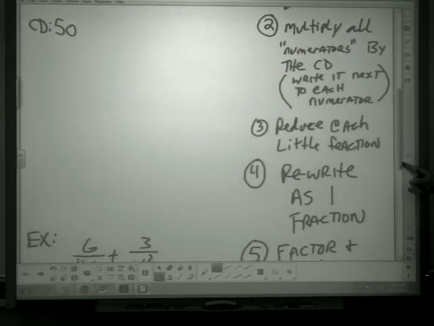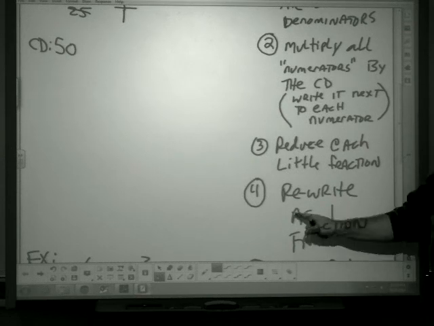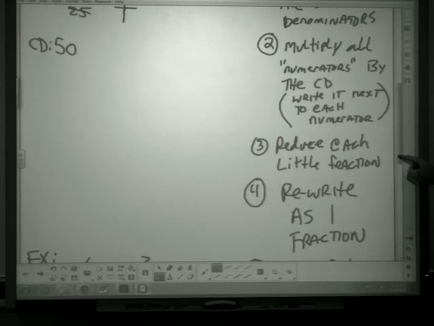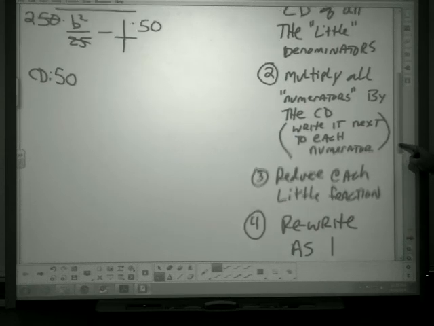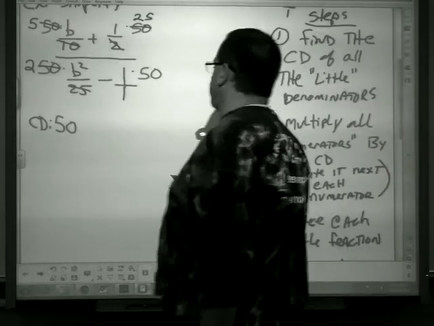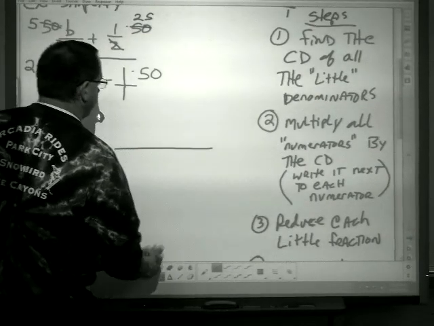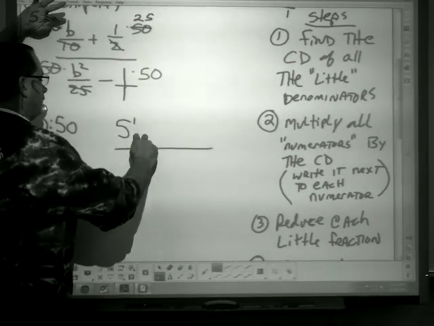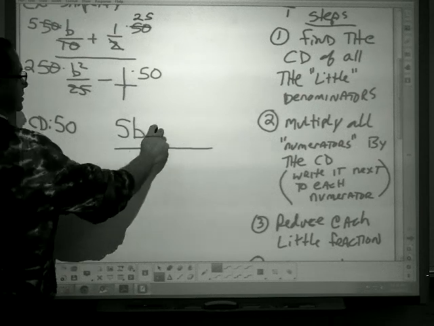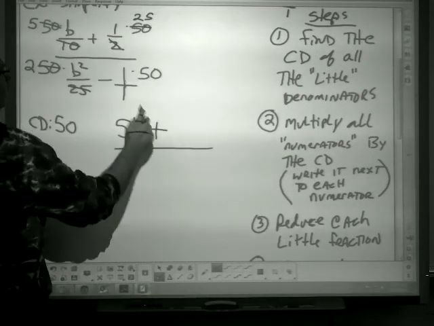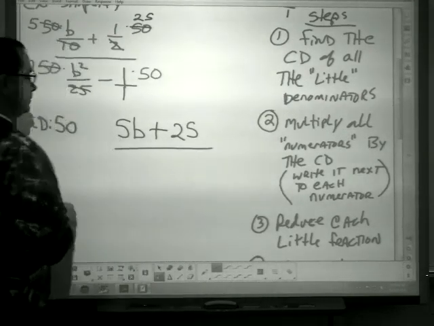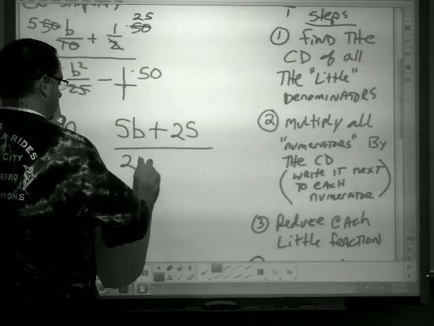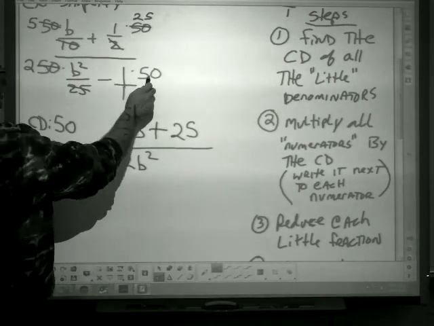Next step, rewrite the whole thing, but as one fraction. So you rewrite what is left as one fraction. What do I have left on top and bottom? Well, I'm going to put a fraction line out here. And what do I have left at the top? I have 5 times b, which is 5b, plus 1 times 25 is 25, over 2b squared minus 50.